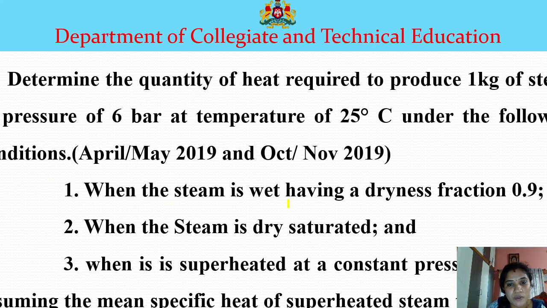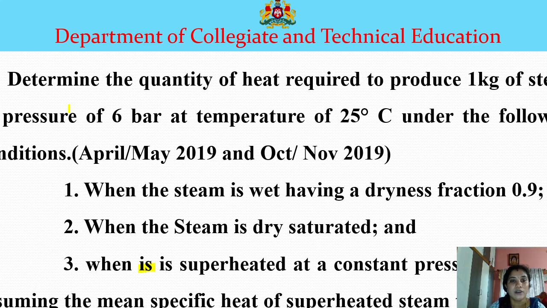When the steam is wet, having a dryness fraction 0.9; when the steam is dry saturated; and when the steam is superheated at a constant pressure to 250 degrees Celsius, assuming the mean specific heat of superheated steam to be 2.3 kilojoules per kg Kelvin. This is the condition they have given. So let us look at the problem carefully.